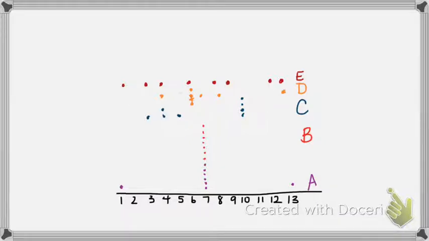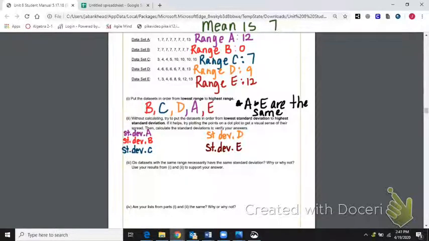Do you think that the order that these will go in is going to be the same as our range from least to greatest? Let's go ahead and actually calculate our standard deviations and see if what you found in your dot plot is the same thing that you find when you find the actual standard deviation values.